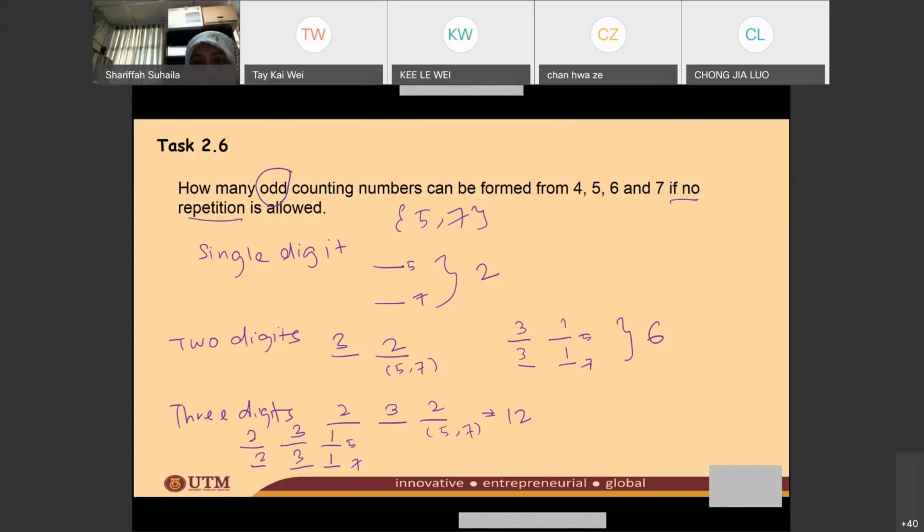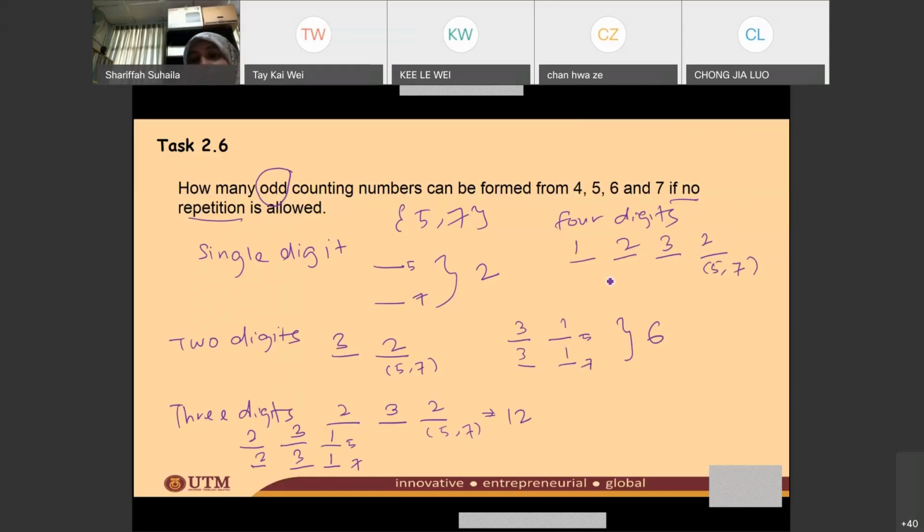Okay, the last one, 4 digit. So again, 1, 2, 3, 4. Okay, so the same thing, 5, 7. So you have either 5 or 7, so you have 2. So this one 3, and then the first one 2, and then 1.